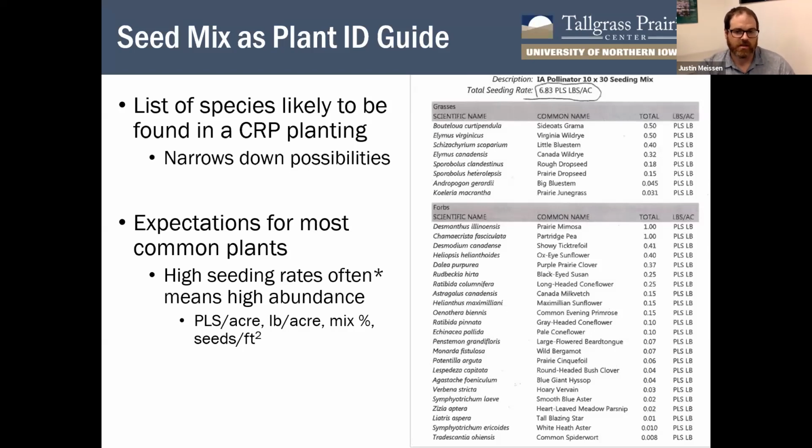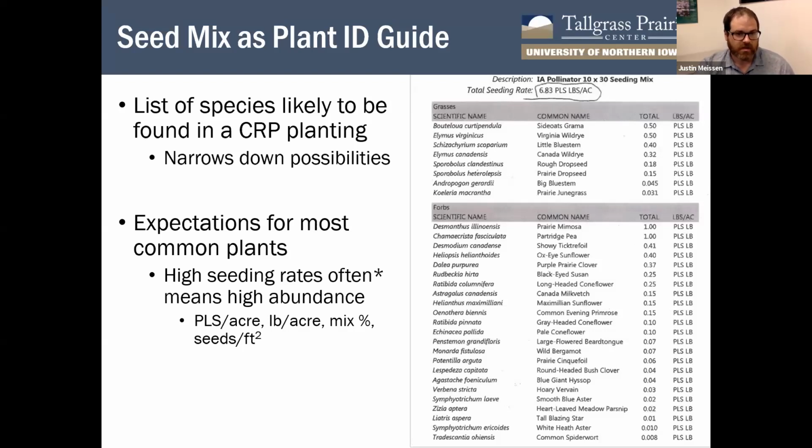So if we look at this example, which is a real CRP seed mix planted in 2015, we see a list of species planted and the rate each plant was seeded at. Most of the time the column will be in pounds per acre, or PLS per acre, or seeds per square foot, or even percent mix.